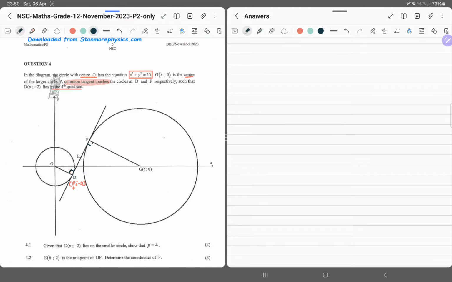Likewise, it should also be perpendicular to the radius of the larger circle, because a tangent is always perpendicular to the radius of any circle it touches. Now, if you notice here, we've got two alternate angles that are both equal. So it suggests that these lines are essentially parallel to each other.